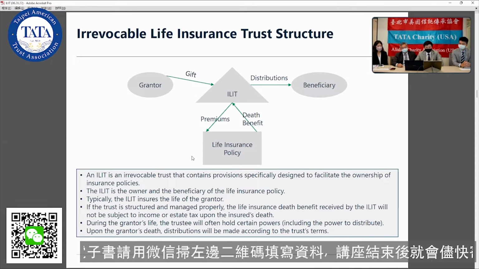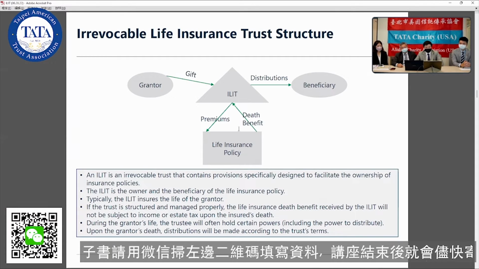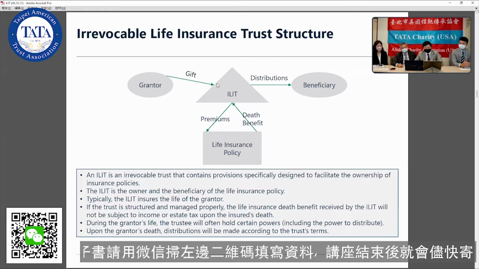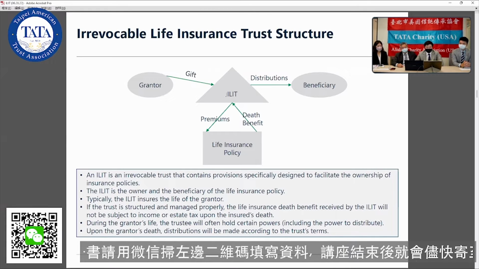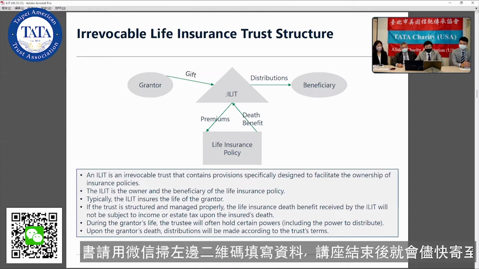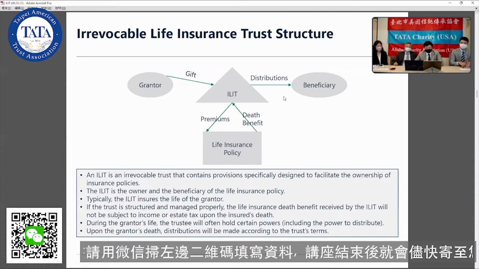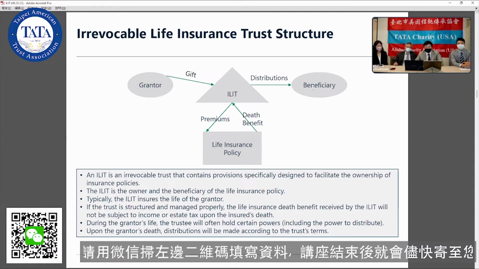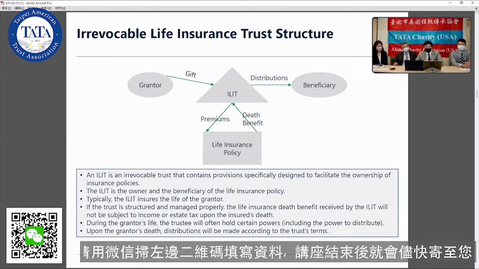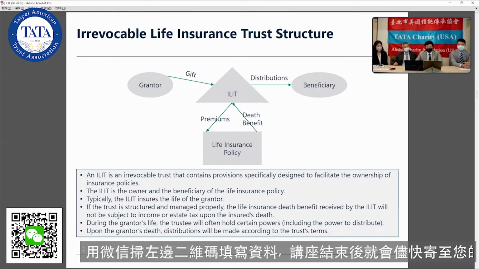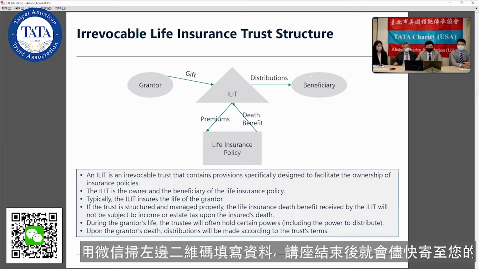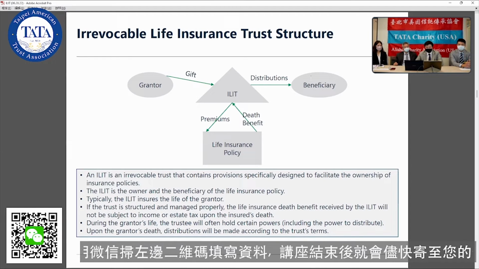Upon the death of the insured, this policy will pay a death benefit back to the ILIT. And this ILIT can be set up to directly distribute these funds to a set beneficiary or beneficiaries. Typically in our structures, this beneficiary will be an irrevocable US trust for the benefit of US persons.